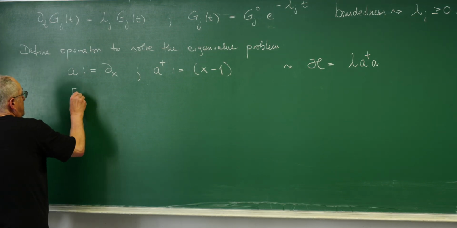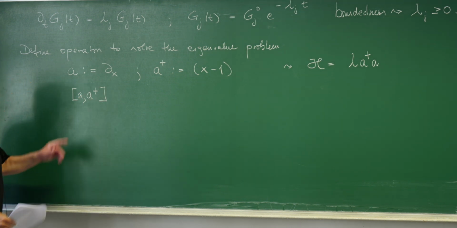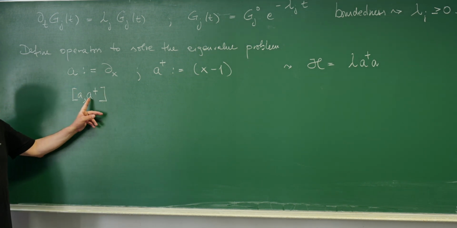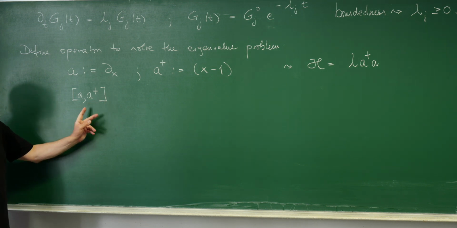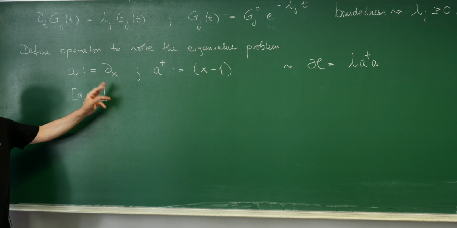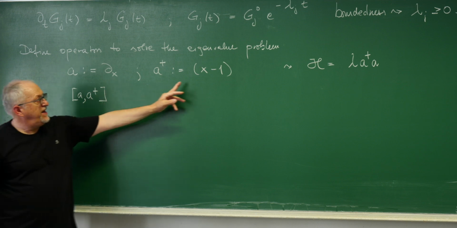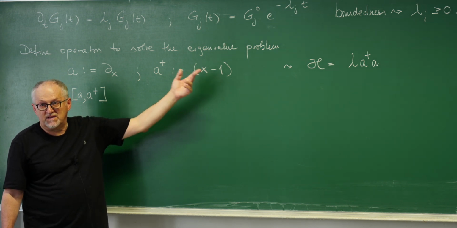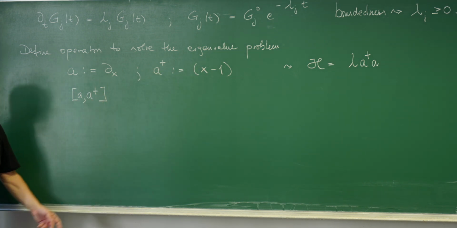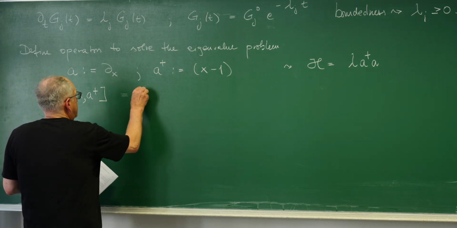If you look at these two operators, a and a dagger, you have a times a dagger applied to a test function, and you do the reverse. Then you see you have d_x acting on x minus 1 and the test function, and the reverse. This doesn't commute, these two operations. And when you do the algebra, this is 1.